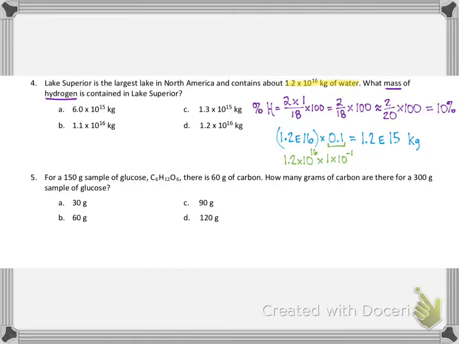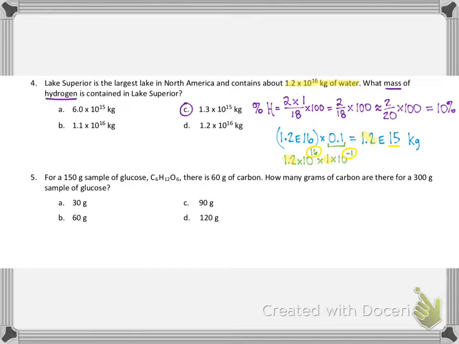So when you're multiplying exponents, you just add them together. Notice 1.2 times 1 is of course just 1.2. And then I've got 16 plus negative 1 gives me 15. Easy peasy. You might be thinking, wait, if that's so easy, that answer isn't there. Remember, we totally rounded things, so we're looking for the closest answer. So our best answer choice should be C.